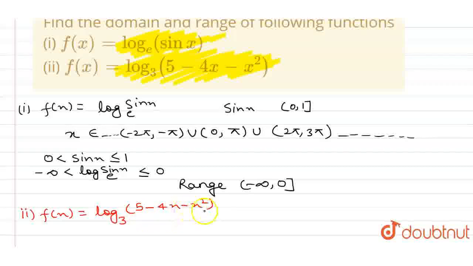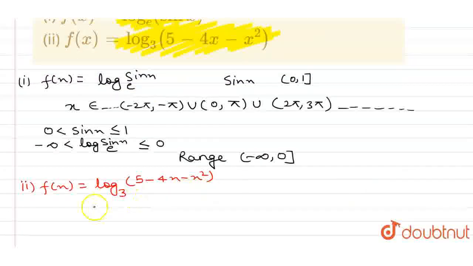So the argument of the log should be greater than 0. So I write here 5 minus 4x minus x square should be greater than 0.